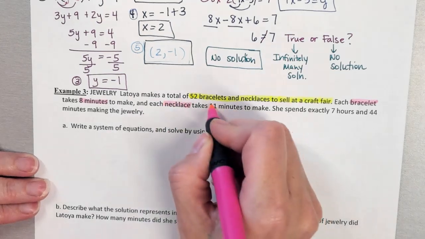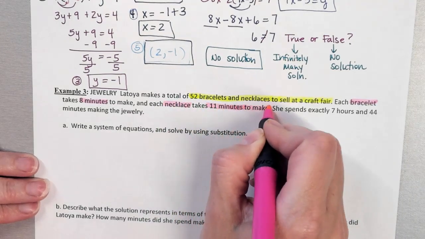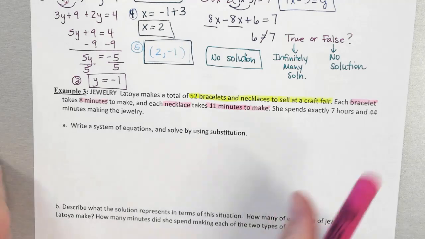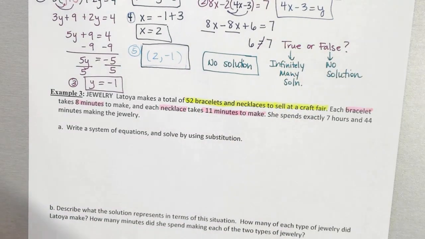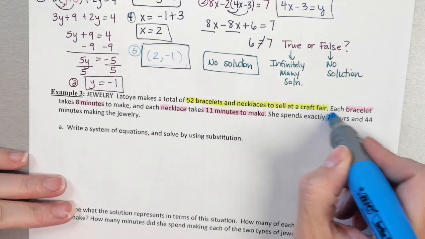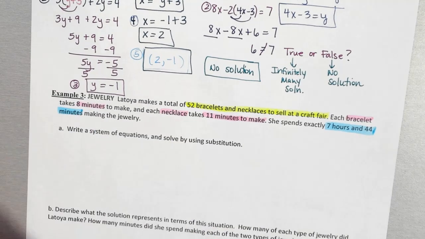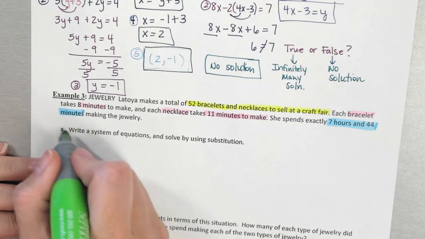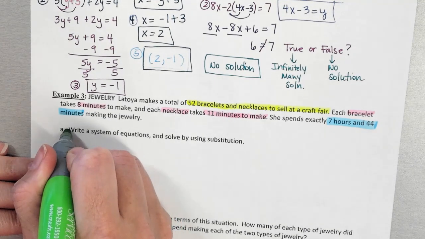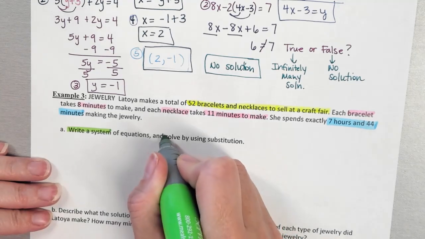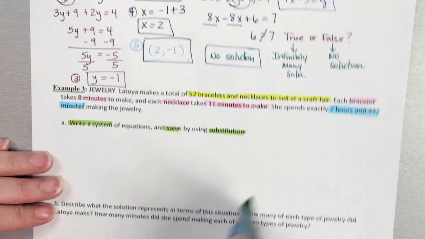The necklace takes 11 minutes. And she spends exactly 7 hours and 44 minutes making the jewelry. Okay, what they're asking you to do is write a system of equations. So you're going to write a system, and you are going to solve using substitution.